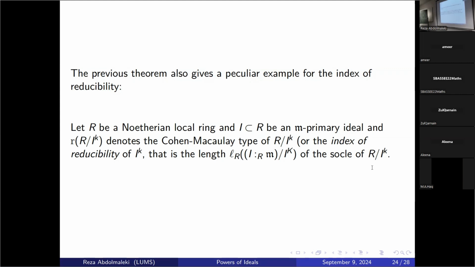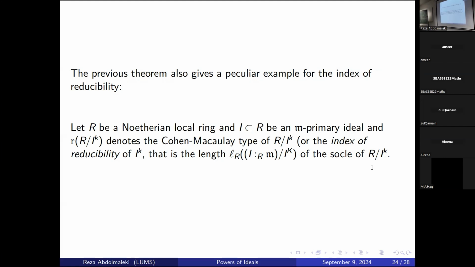It is somehow a measurement of the complexity of the structure of the module or the ring, especially regarding the canonical module of that ring.